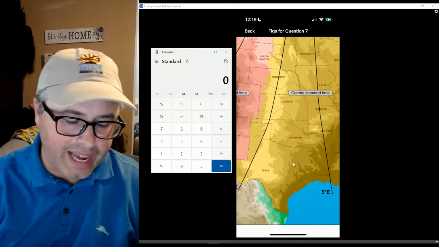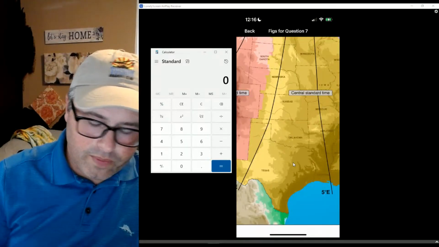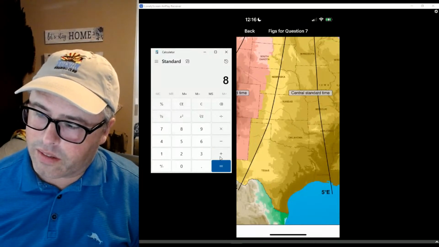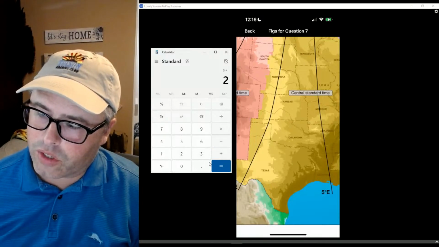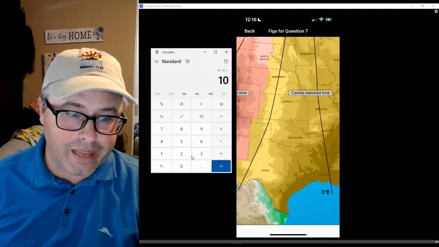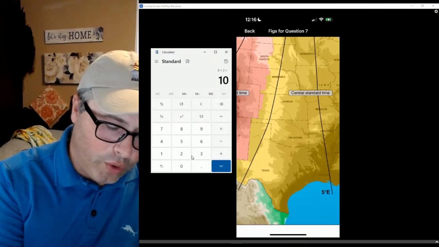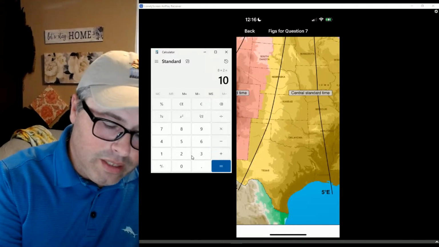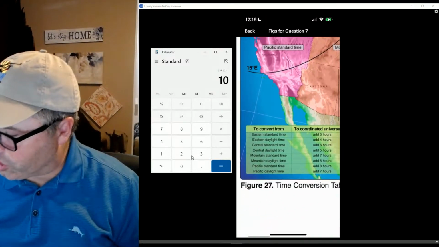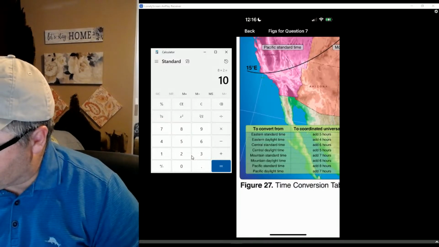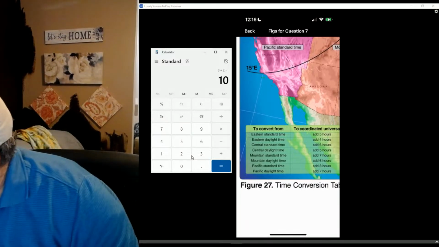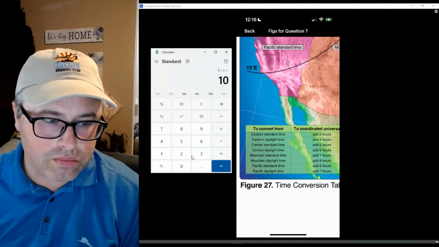So if we're starting at 8:45, okay, so 8, and we'll add 2 hours. So by the time we get there, 8 plus 2, now it's 10:45 in the morning, Central Standard Time. Okay, come right over to the chart, Central Standard Time, add 6 hours.